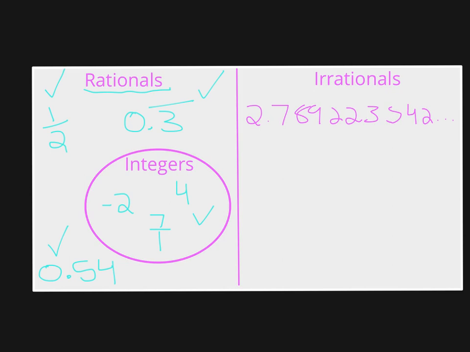Now some famous irrational numbers would be pi, which we know is 3.14, but it's 3.14159, and that goes on and on forever. And we'll get into a lot of square roots later this unit. Not all square roots are irrational, but square root of 2 is irrational. Square root of 3 is irrational. The square root of 4 is actually an integer. So this is classifying all three types of numbers.